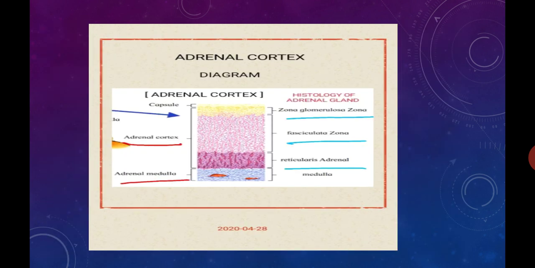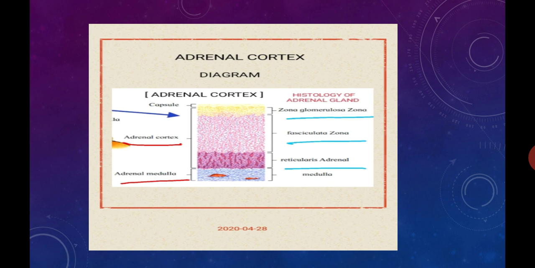Let's start with the first region, which is called the adrenal cortex. As I said, adrenal gland shows two regions. The outer region is called the adrenal cortex and the inner region is called the adrenal medulla. Let's see the details about the adrenal cortex. Adrenal cortex is derived from the mesoderm.